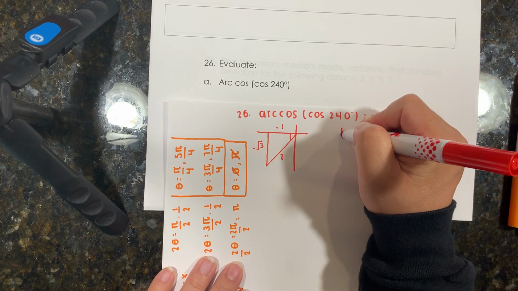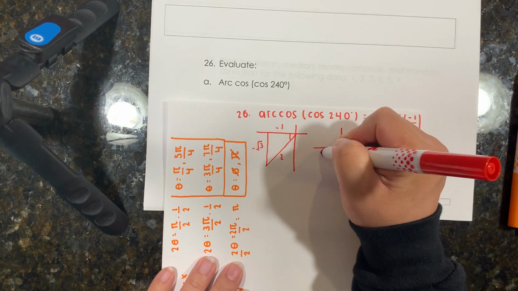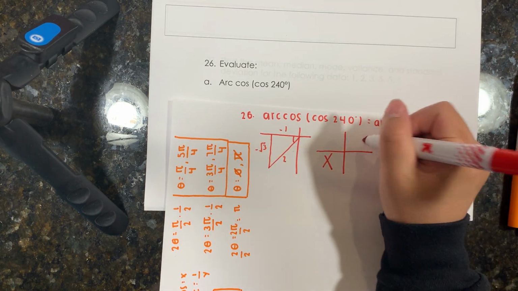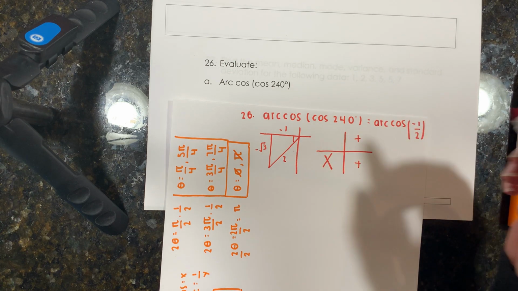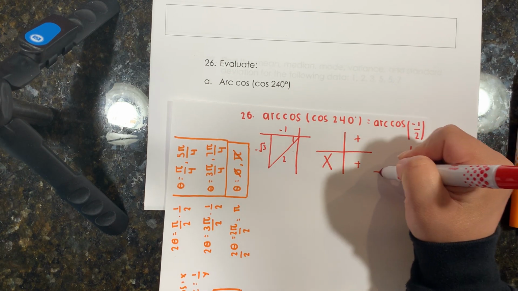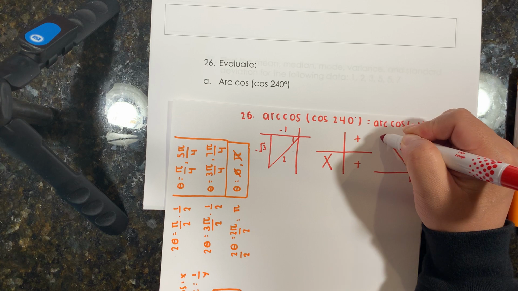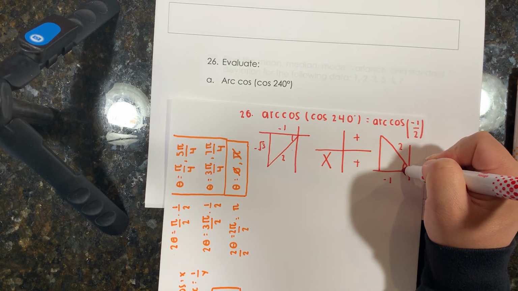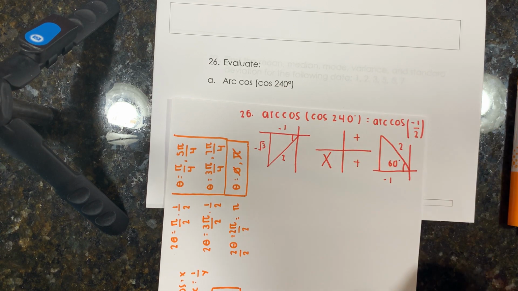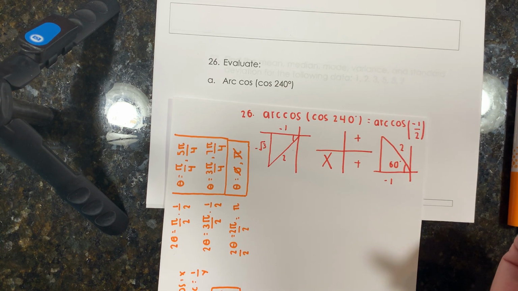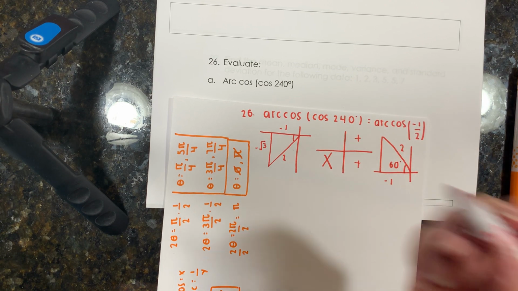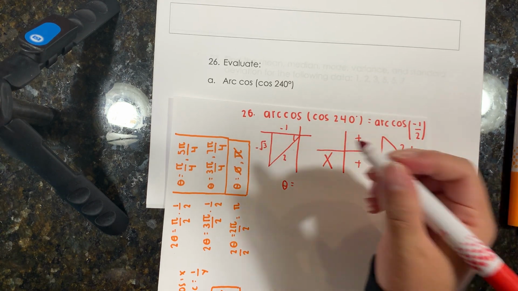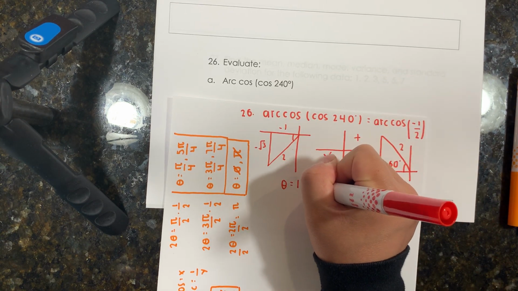Now, when we're dealing with arc, we don't use quadrant 3, and we're looking for where cosine is negative. Well, I know cosine is positive in 1 and positive in 4, which means that my triangle I'm drawing is going to be in quadrant 2. The adjacent is -1, hypotenuse is 2. This is still going to be a 60-degree angle, but because it's in quadrant 2, I need to subtract it from 180, which means that my answer for A is going to be 180 minus 60, which is 120.